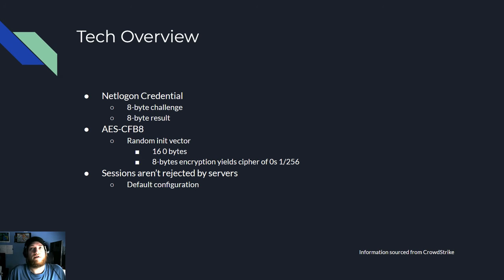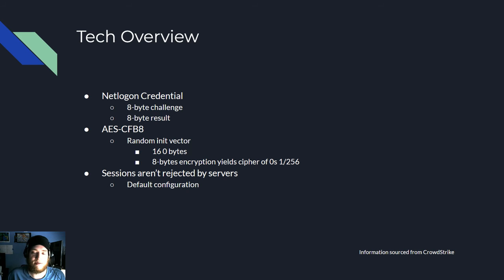So 1 out of every 256 random initialization vectors is going to be 8 bytes of zeros. And that in and of itself is a big cryptographic flaw that you can predict is going to happen. 1 out of every 256 attempts is going to end up with that result.